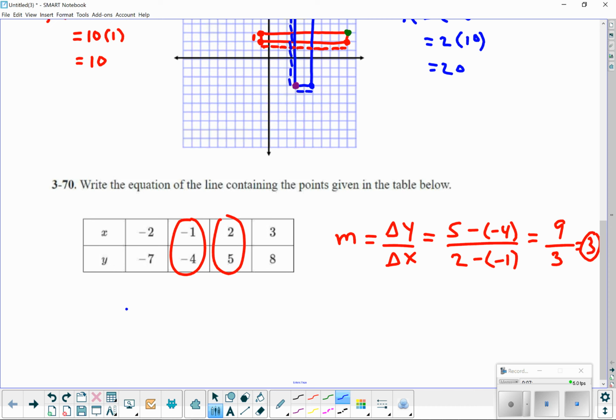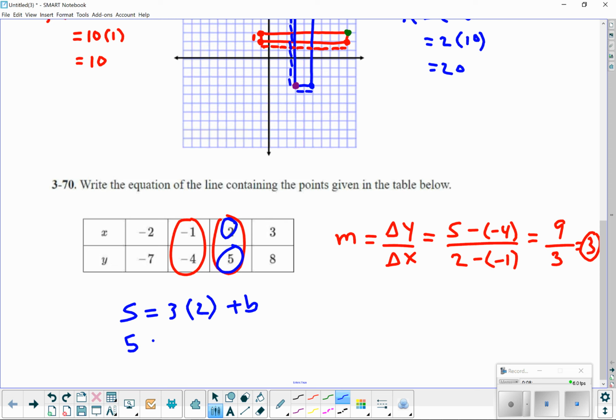So your equation, y equals m, which is going to be 3, x, which I'm going to use 2, plus b. Okay. And then I know the y. The y is going to be 5. So I'm using 2 for x and 5 for y. So work this out.